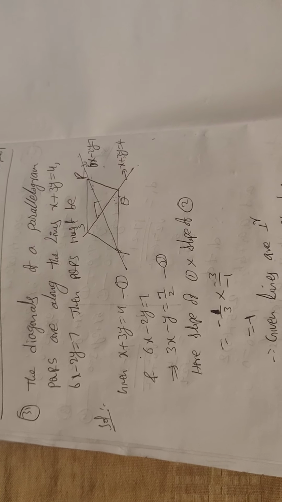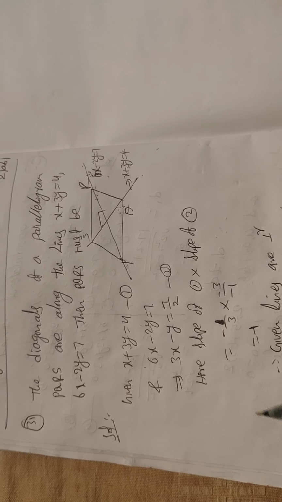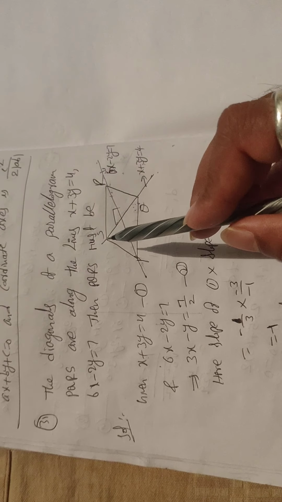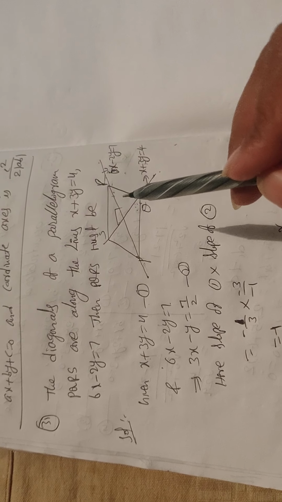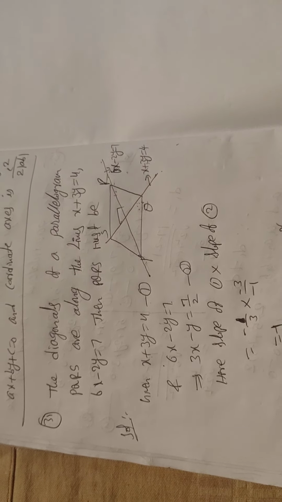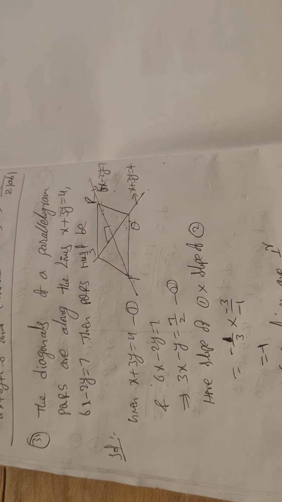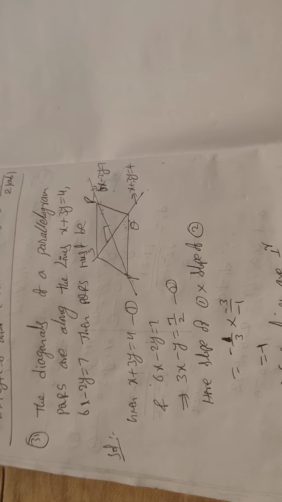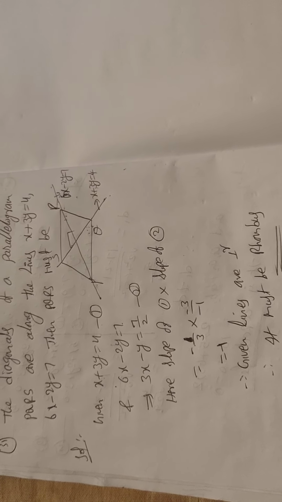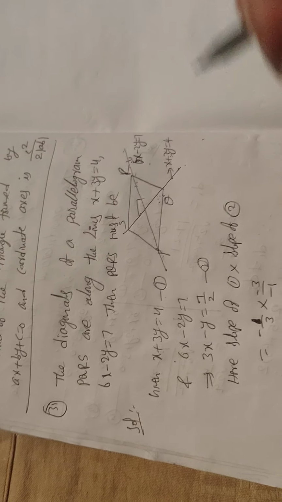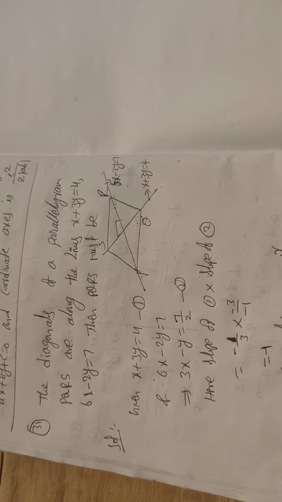If the given lines are perpendicular, then what can you say? In a parallelogram, if the diagonals are perpendicular to each other, it is only a square or rhombus, not in others. That means not a parallelogram, not a rectangle. Diagonals are perpendicular only in rhombus or square. So very clear, between rhombus and square, which one is least priority?